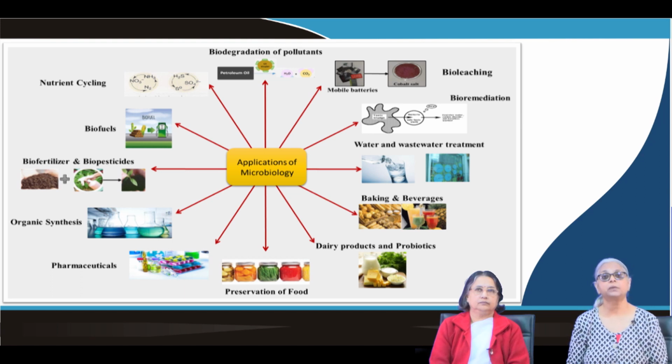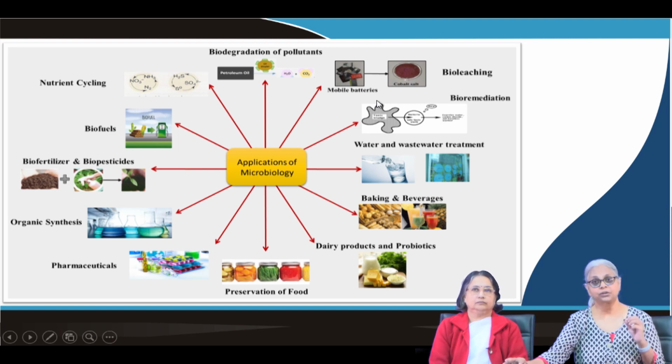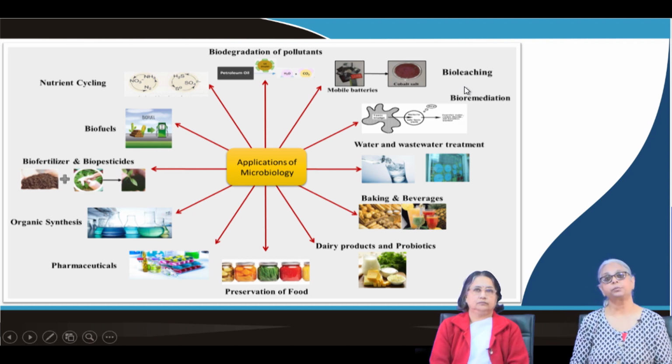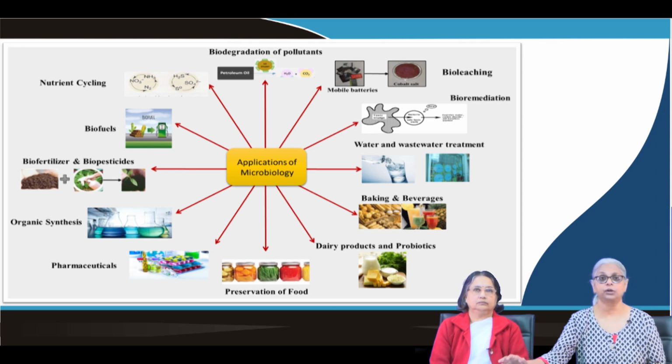Another major area that has come into focus in the last few decades is e-waste management. We are now dealing with mountains of e-waste, and one of the things that we can do is bioleaching. So if I want to extract the very small amounts of metals that are present in e-waste, electronic waste, I can do that using bioleaching. The biggest advantage of microbial processes is that they are cheap and they are effective. Unlike chemical processes, they may or may not be competitive in terms of pricing.